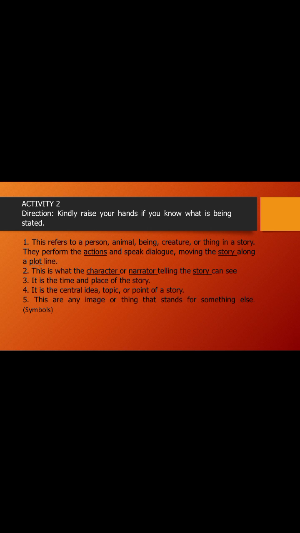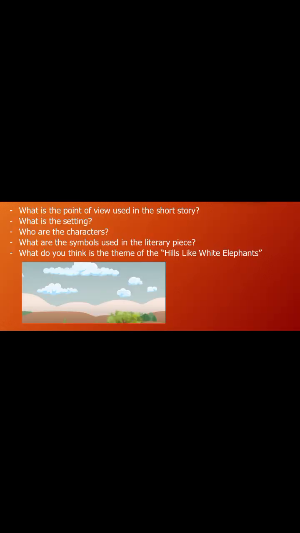Very good. Now that we're done answering the activity number 2, let's move on to answering the questions that you were asked before I started reading the summary of the story Hills Like White Elephants.